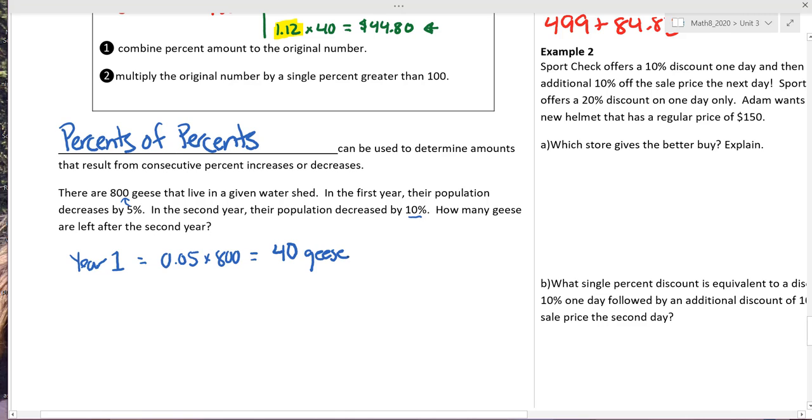So how many geese are there at the beginning of the second year? How do you figure that out? How many geese are there at the end of the first year? Yes, Gordon? 760, right? By subtracting the 40 from the 800.